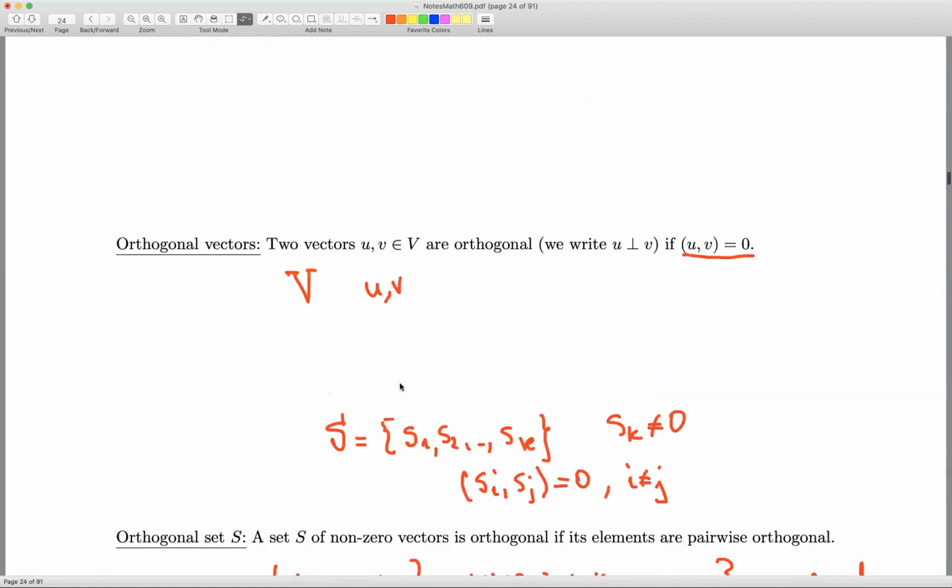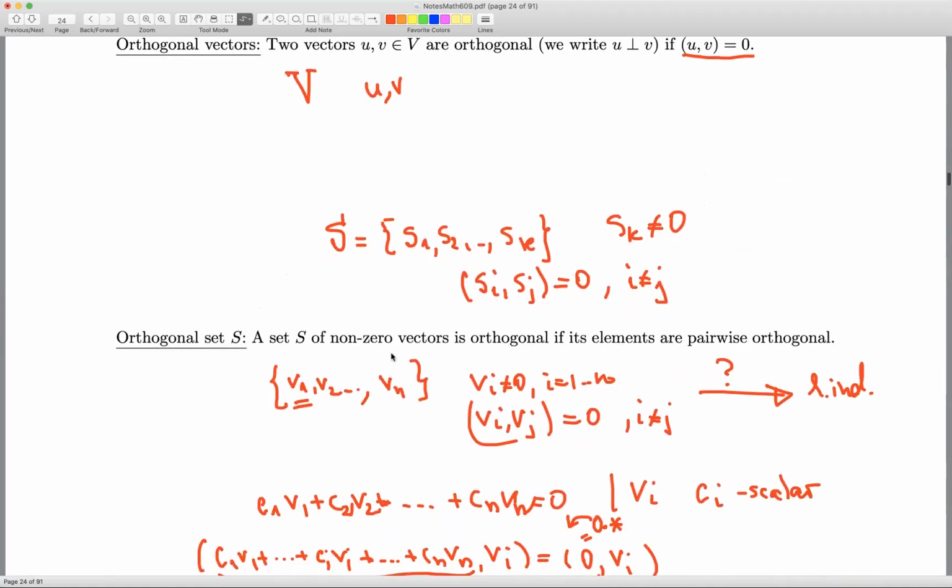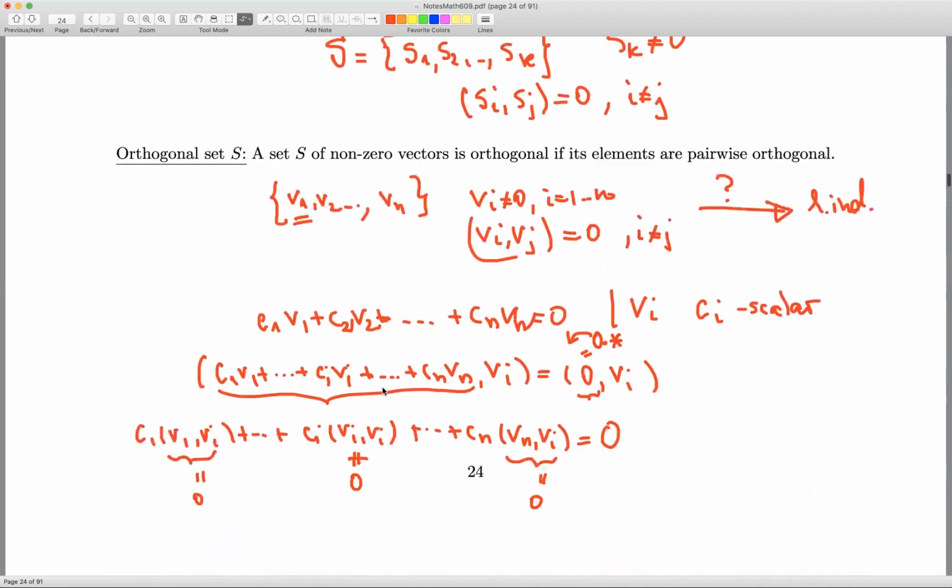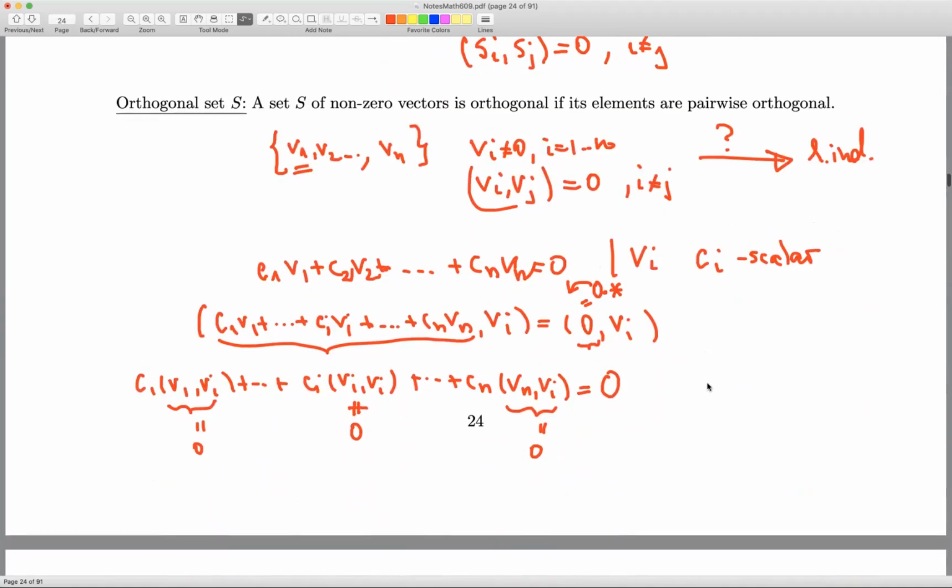And this element is non-zero because it belongs to the orthogonal set, and therefore, by definition, all the elements in the orthogonal set are non-zero. And so we have that the number Ci times something that is different from 0 is equal to 0, which can happen only when Ci is equal to 0.